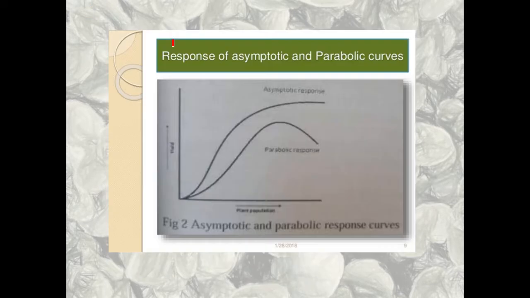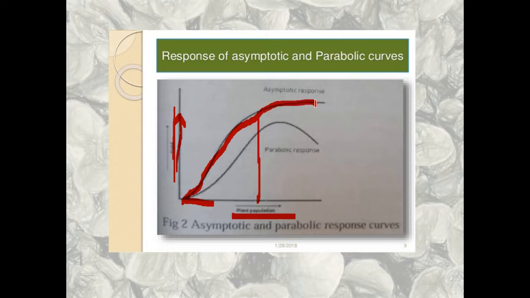First, let's see the graph over here. This is the yield, and this is the plant density or the plant population. As we increase the plant population, the yield starts to increase. Look, we are increasing the plant population, and the yield is also increasing. But after a certain plant population, the yield starts to stabilize and forms a plateau.